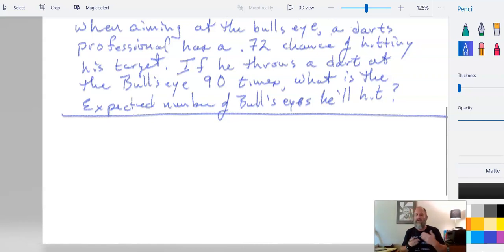If you flip a coin, which is a very common probability thing to use, if I flip a coin 10 times, and I asked you how many times would you expect to get heads in those 10 times, what would you say?